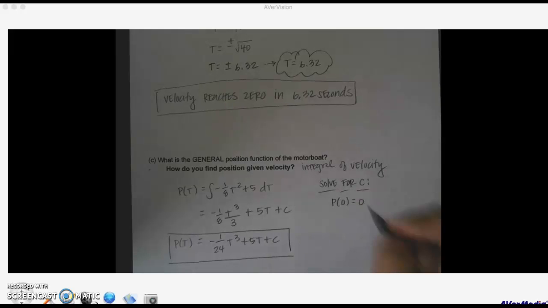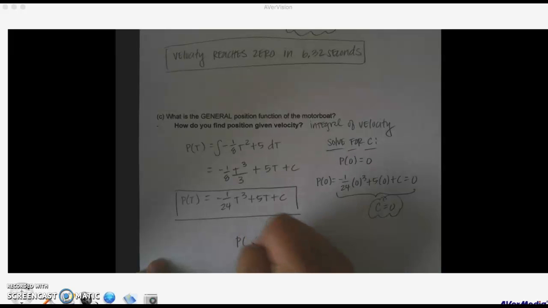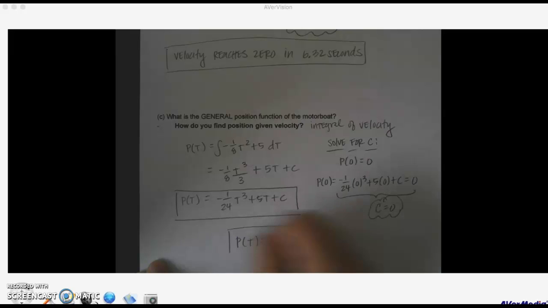So we have p of 0, plugging in 0 for t, and we want that to equal 0. So real easy, c just equals 0. Our position equation is then just -1/24 t cubed plus 5t. And we are done.